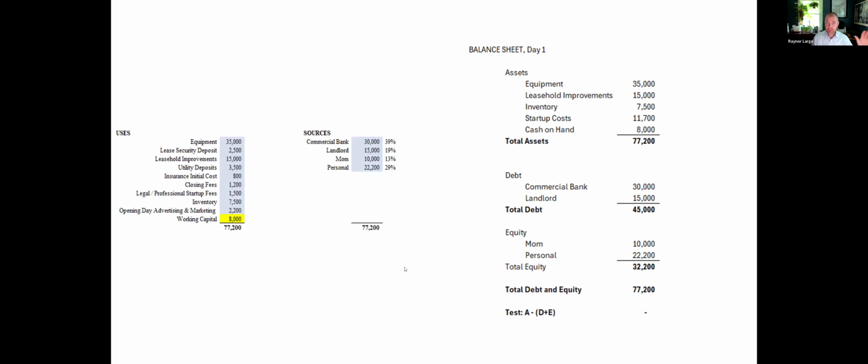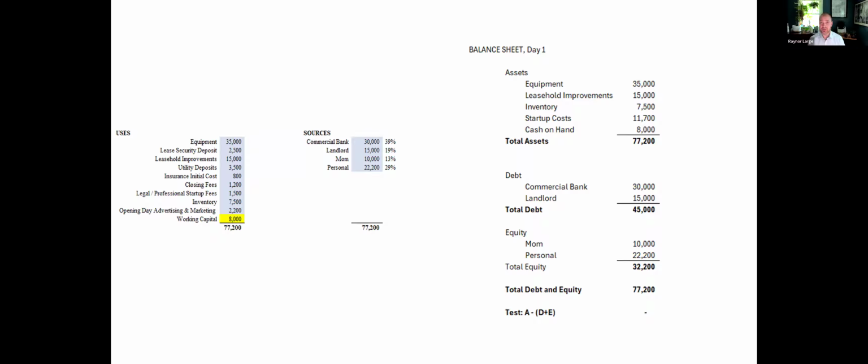And so my uses of cash become my assets, and my sources are going to become either debt or equity. And so my balance sheet is now established. And I can test that because I know my assets are always equal to debt and equity combined. So as long as that equation balances out, I have a balance sheet that is effective, and some banks will ask for that as part of your application.